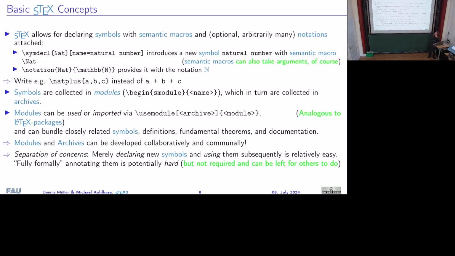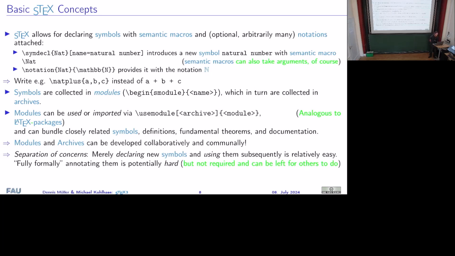if you want to. We can then collect them in modules, which is the biggest pain point in the implementation of STEC, namely that we have to crowbar a module system into TEC, which is a lot of fun, but feasible, fortunately, which you can then import via use module or import module, depending on how you want to have modules behave down the line if you then re-export things.